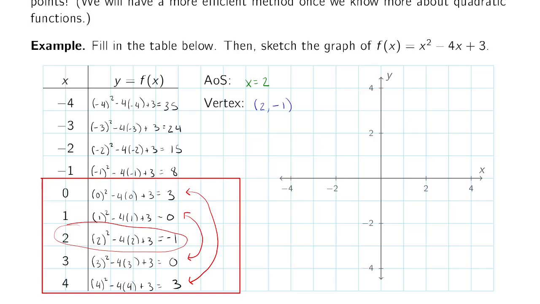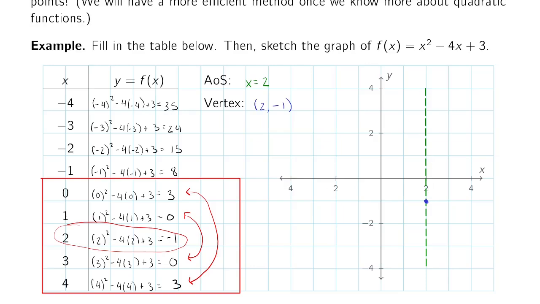So to help guide our graph, let's start by sketching the axis of symmetry, right? That's the vertical line x equals 2. So I'm drawing a dashed vertical line, x equals 2. And on that line, I'm going to have the point 2, negative 1. That's going to be my vertex.